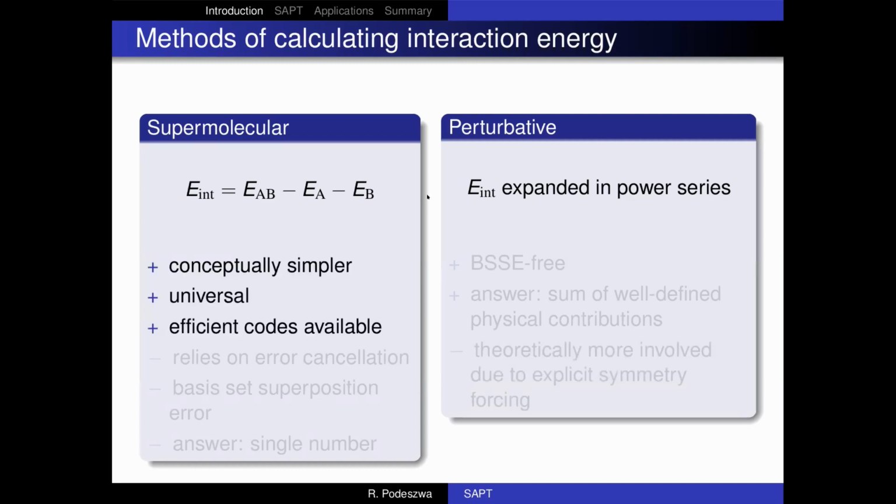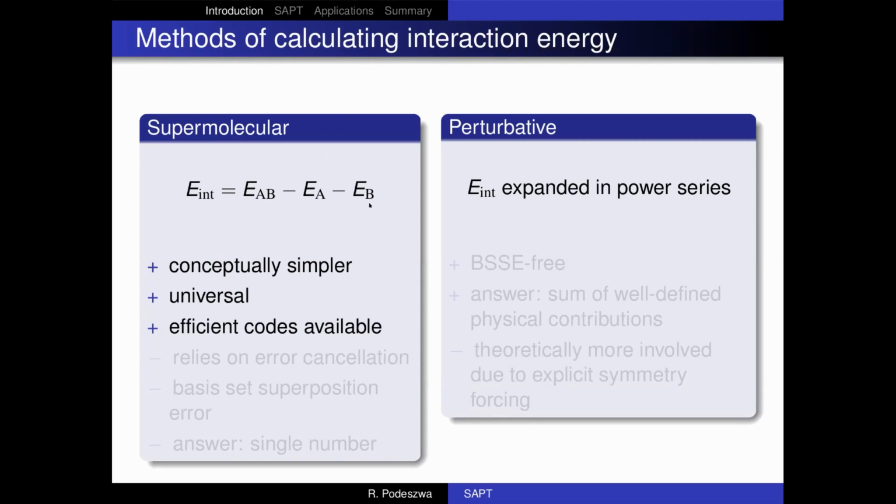Both approaches have advantages and disadvantages. Supermolecular approach is very simple conceptually, so it's just a simple subtraction. You can explain it to everybody. It's universal, so any approach that can be used for molecules can be applied to supermolecular approach to calculate interaction energies of weak interactions.